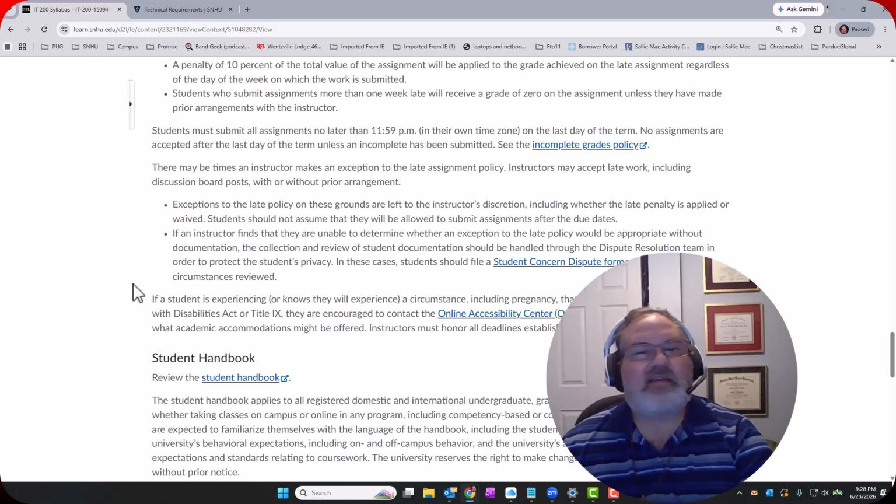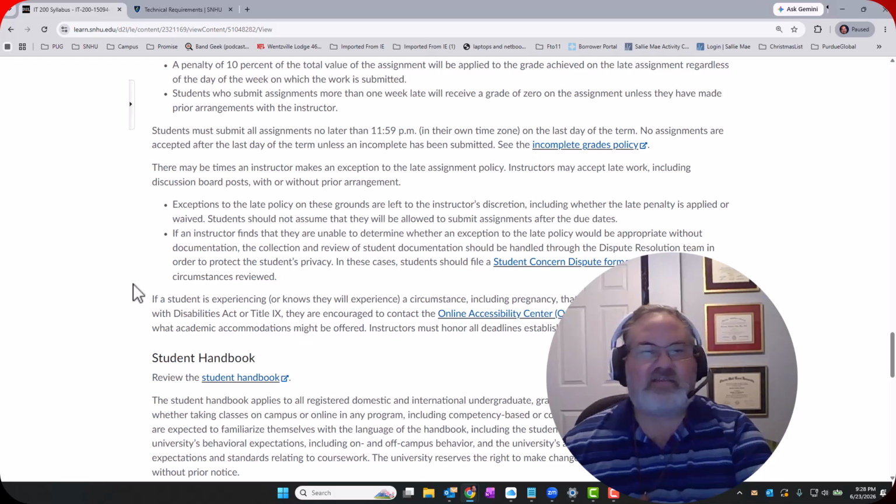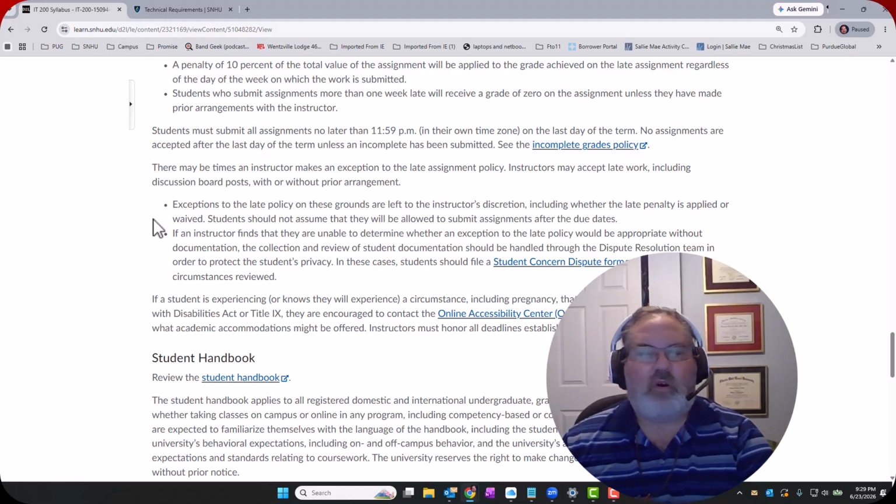I do not need to see medical records or any sort of things like that. That is your private health information. I don't need to see that. If it turns into something like that, that's what that form and that group is there for.